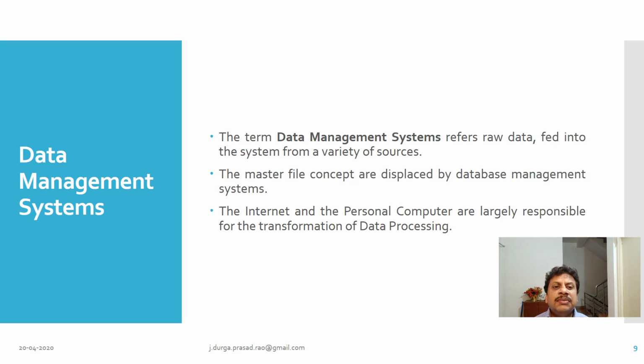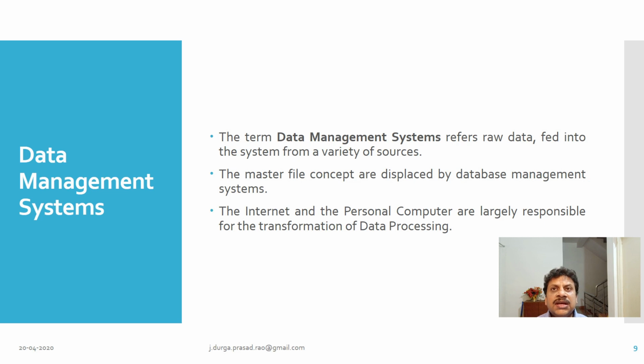The term data management system refers to an expansion of this concept, where the raw data previously copied manually from paper to punched cards and later into data entry terminals is now fed into the system from a variety of sources, such as ATMs, EFT, and direct customer entry through the internet.